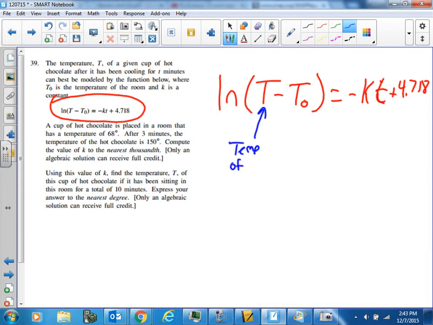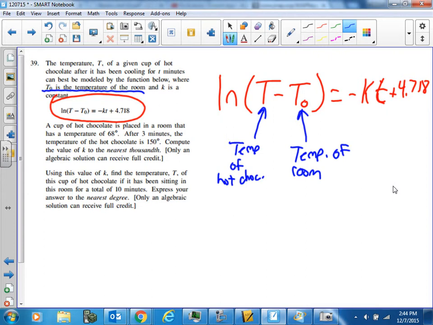of hot chocolate. The T sub O is the temperature of the room. So this is the temperature of the room.